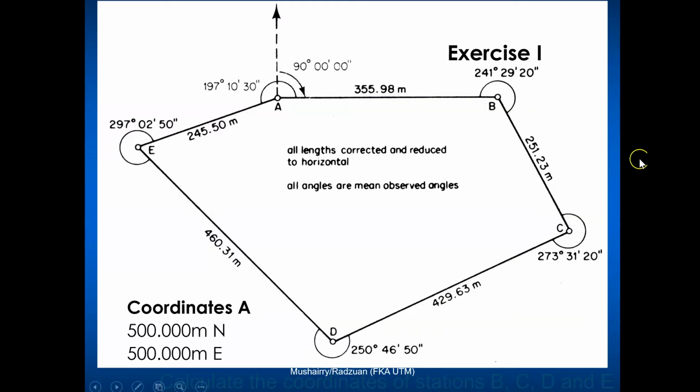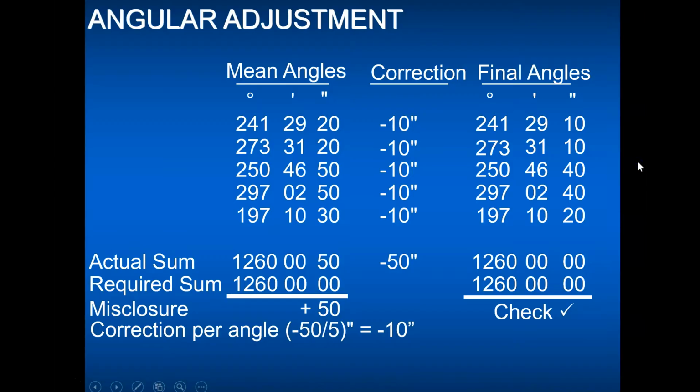So I've listed all the angles. Okay, observed angles, the mean observed angle. So that's basically observed. And I added them together and I obtained 1,260°00'50".